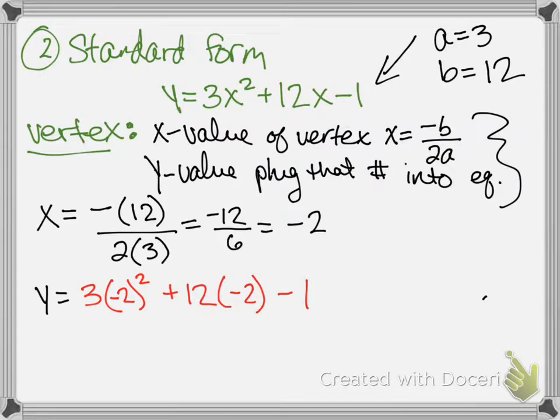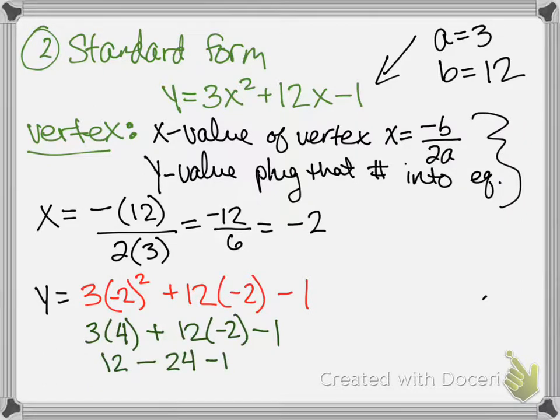So let's change color. So my exponent, I have negative 2 squared is positive 4. And then I'm going to do my multiplication. So I have 12 minus 24 minus 1. And if I simplify that, I get a negative 13.